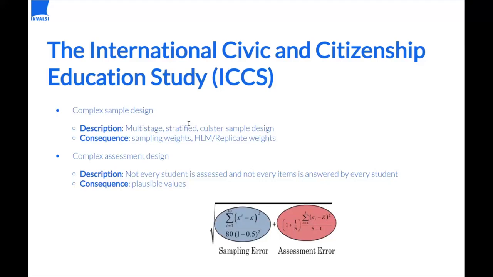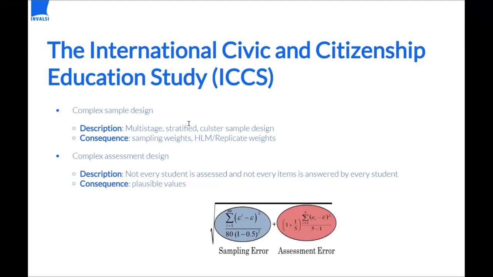It's not that you have the names of all the students, put them in a hat and select 5,000. What you actually do is select first a sample of schools, previously stratified, and then within the schools you select a sample of, in this case, classes, and then you take all the students that are in a selected class. That in practice has a consequence: you have to use sampling weights to balance the sample and the population, but also, because of the multi-stage stratified design, you have to account for that.